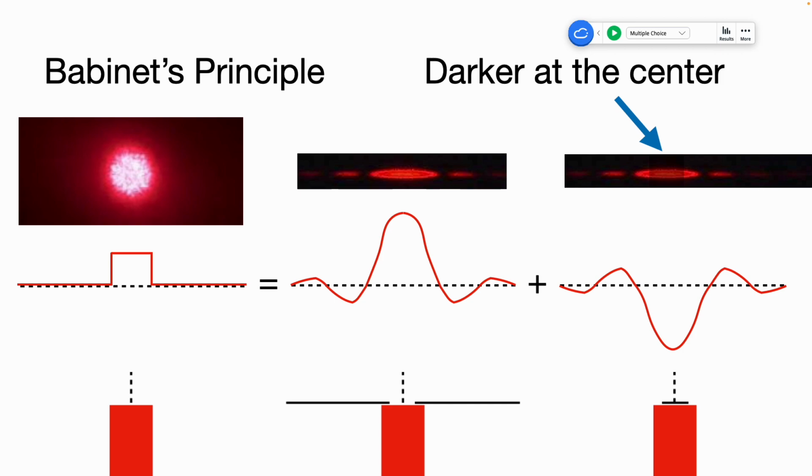Yeah? If we took the single slit and we made sure it was not centered, like uncentered, would it cause a difference? Good question. Well, I will say because the pattern of the single slit is still the same.